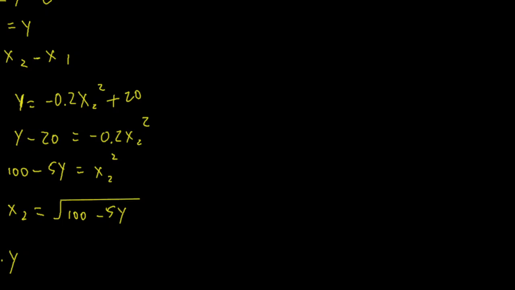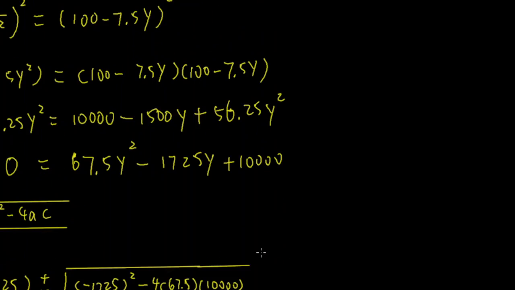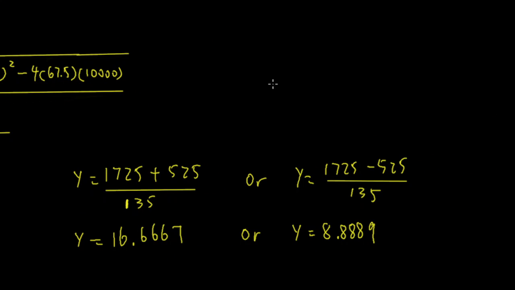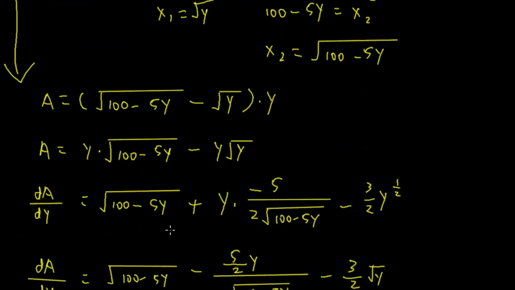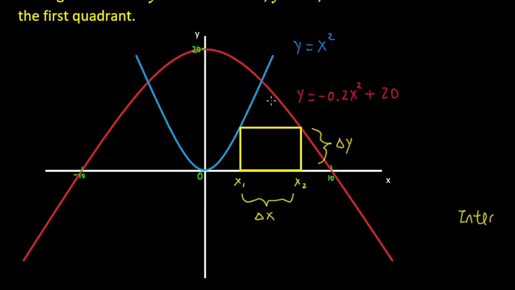Okay, now let's go back to the two solutions we have. We have y equals 16.667 and y equals 8.889. Can you use y equals 16.6667? Well, it didn't go beyond the intersection, but it's right at the intersection. Would that work?